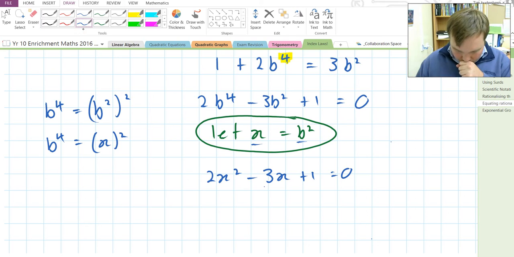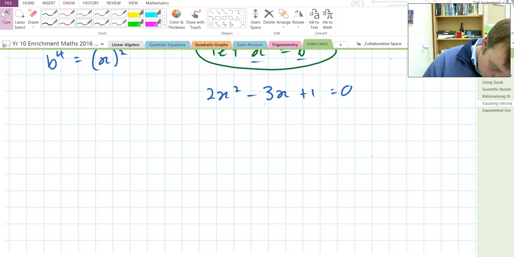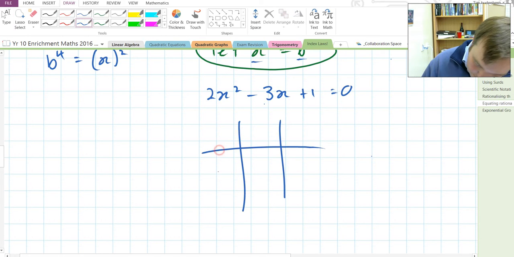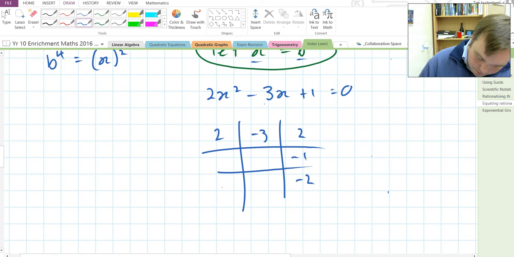Let's see, can we factorize this? Really hope so, or this is going to get ugly. 2, negative 3, 2. You can use whatever method you want to factorize, remember. This will be negative 1, negative 2, 2, 1, negative 1, negative 1.